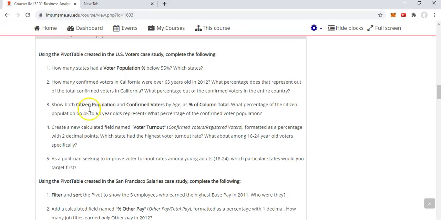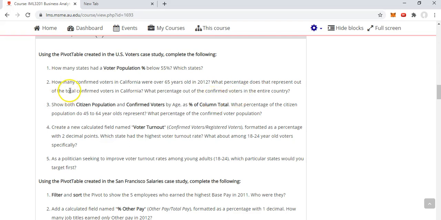And the next question is how many confirmed water in California were over 65 years old in this data? What percentage does that represent of all the confirmed water in California, and what percentage out of the confirmed water in the entire country?